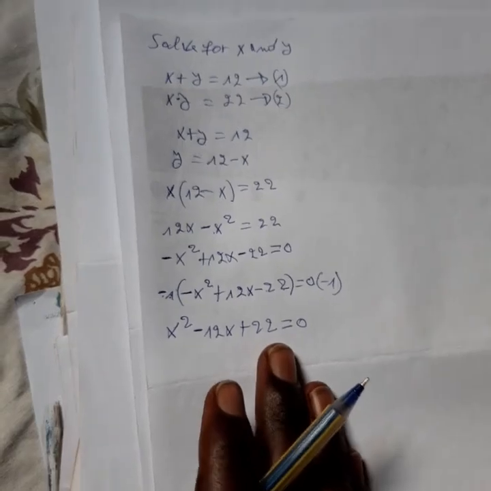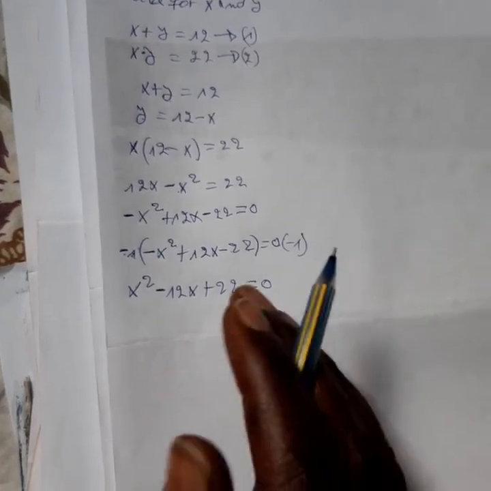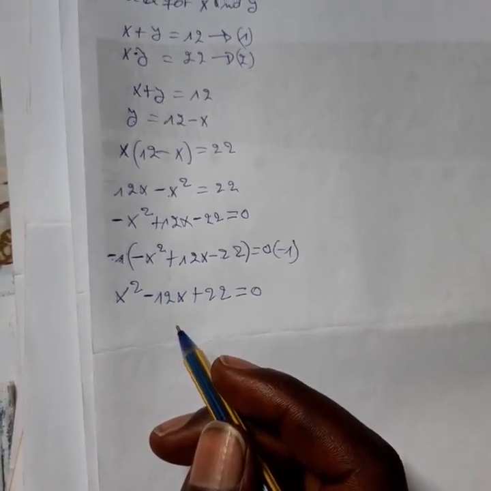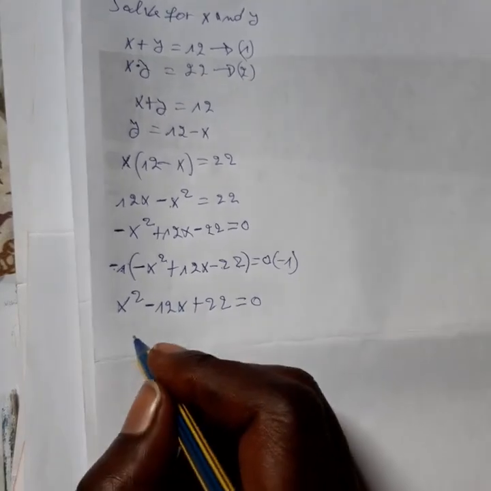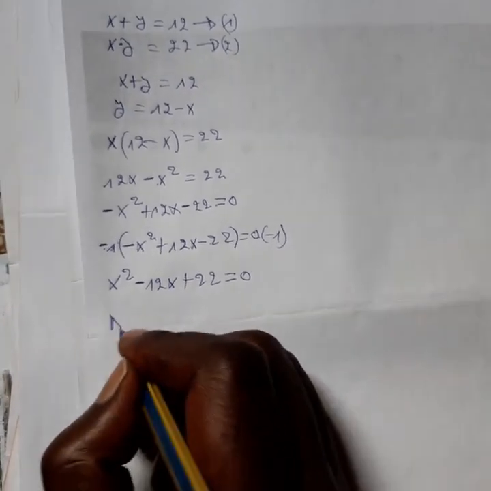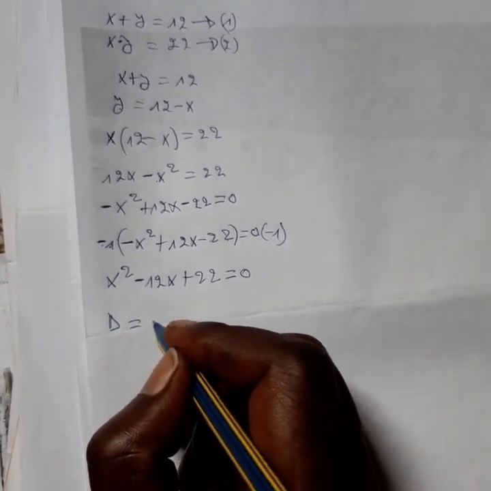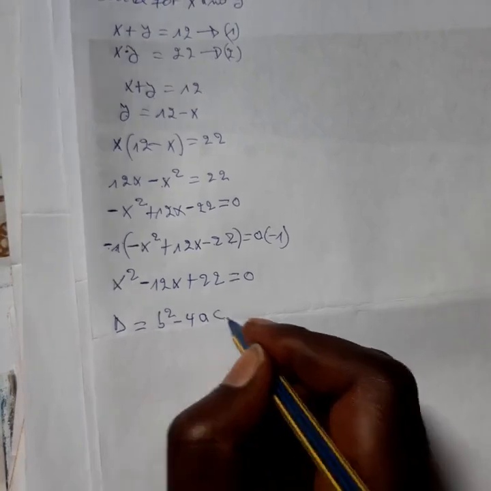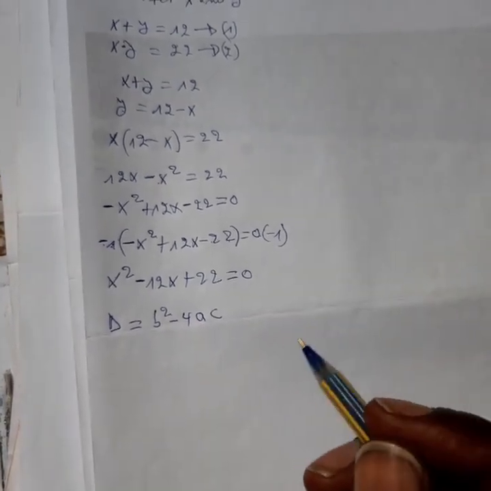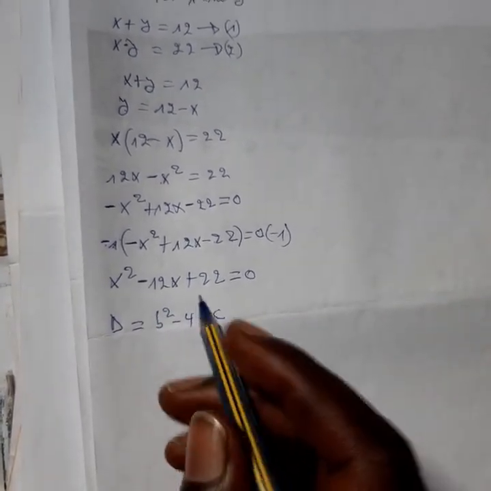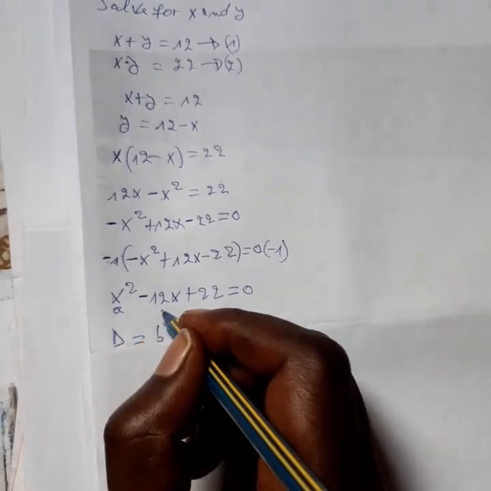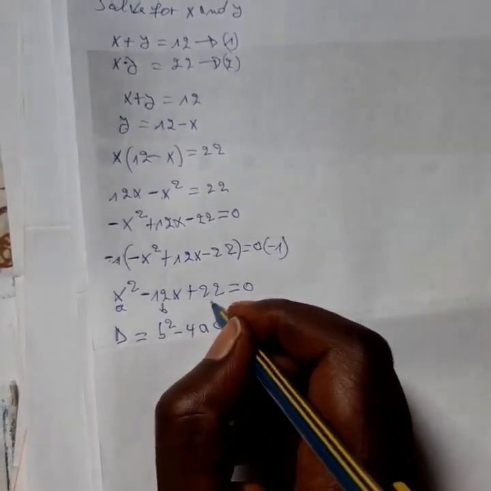So at this point we have a quadratic equation. For a quadratic equation, we use the formula called delta, where d equals b squared minus 4ac. Here we have a, here we have b, and here we have c.